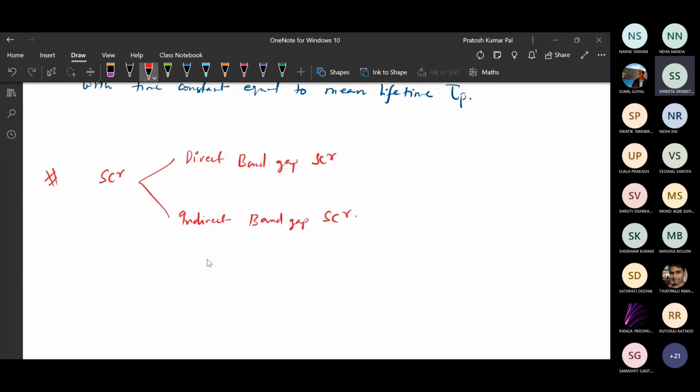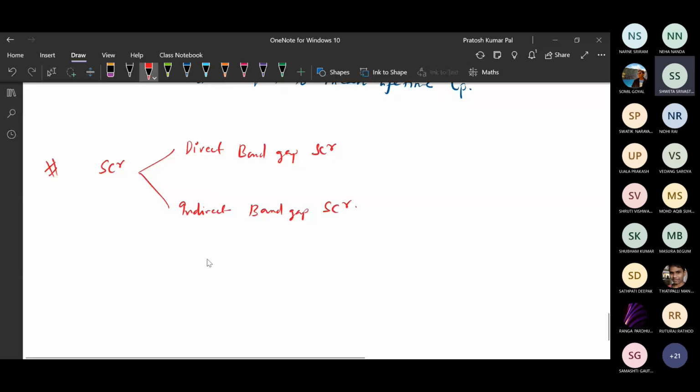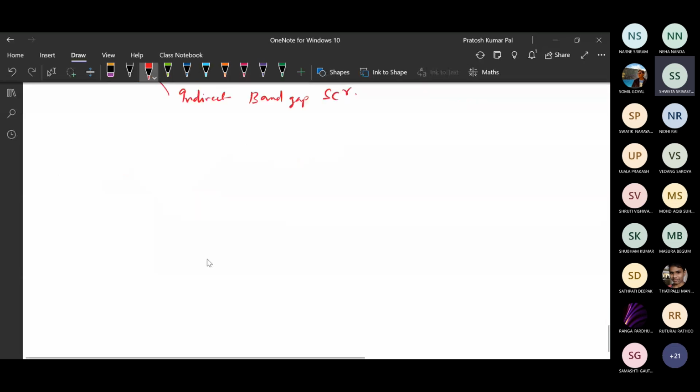We will see how these direct and indirect band gap semiconductors are there, what the examples of these semiconductors are, and how their properties vary with respect to direct and indirect band gap semiconductors.